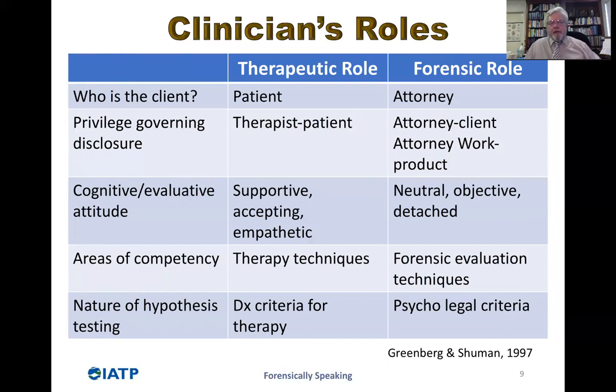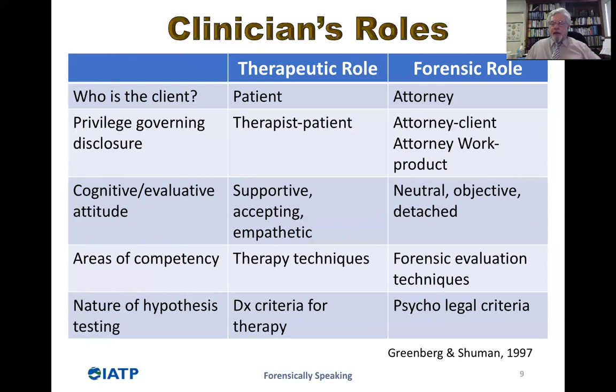And under the cognitive and evaluative attitude that the clinician has with the client or the defendant, in a therapeutic role, it is supportive, accepting, empathetic, it is more of a healing role. Whereas in a forensic setting, it is to be objective, it is to be neutral, it is to be detached.